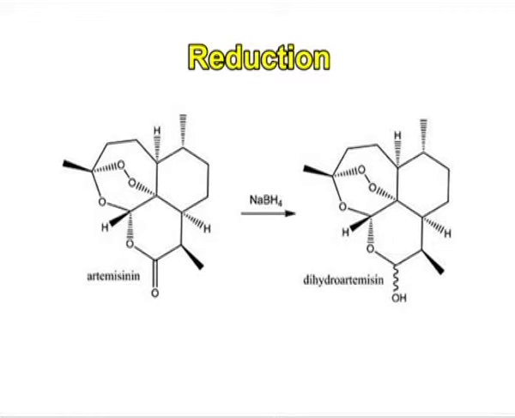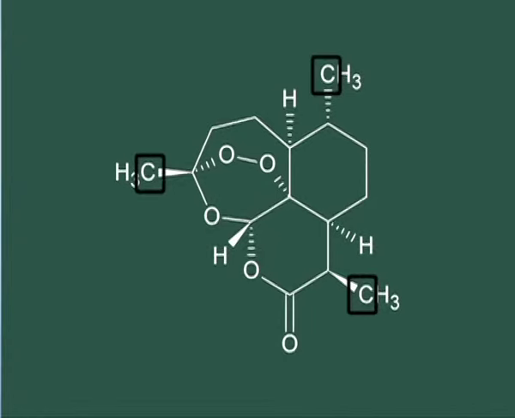It could be either oil soluble or water soluble. Introduction of a methyl group at carbon number 3 of artemisinin increases its stability, but simultaneously decreases its bonding strength with heme, ultimately decreasing its antimalarial activity.